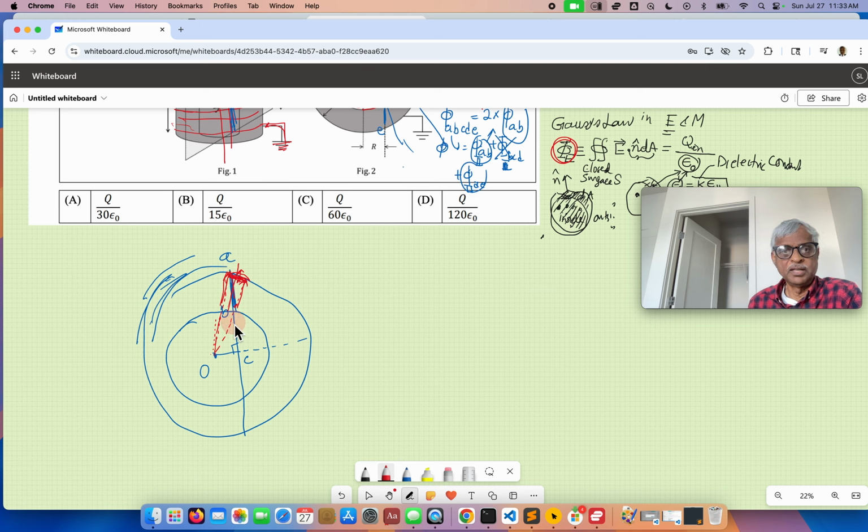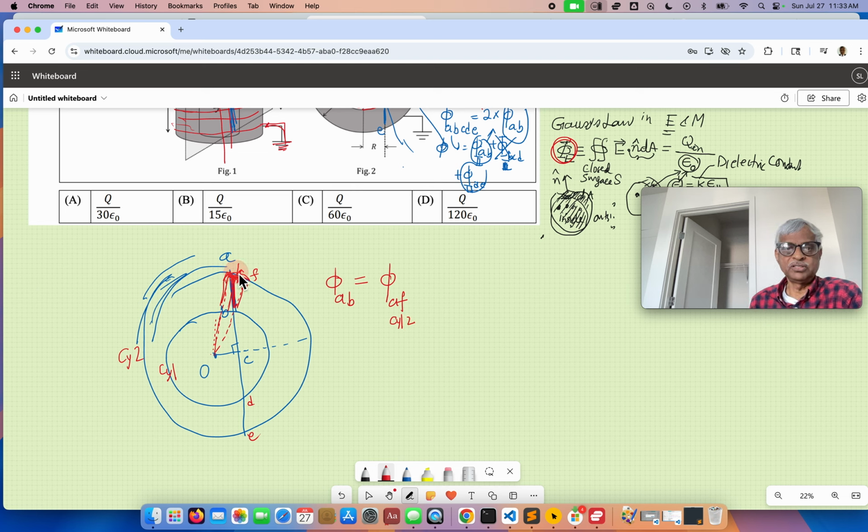So AB is going to be the same thing as DE, so AF. This is on the outer cylinder, so this is cylinder 2 and this is cylinder 1. So the flux through AB is the same thing as the flux through AF of cylinder 2.